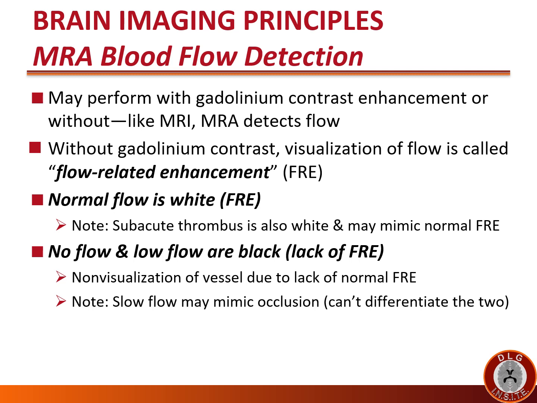However, please realize that subacute thrombus in a vessel is also white and may mimic normal FRE. No flow and low flow are black on an MRA without contrast. That's lack of flow-related enhancement, non-visualization of the vessel due to lack of normal FRE. And please note that slow flow may mimic occlusion. One cannot differentiate the two on MRA.